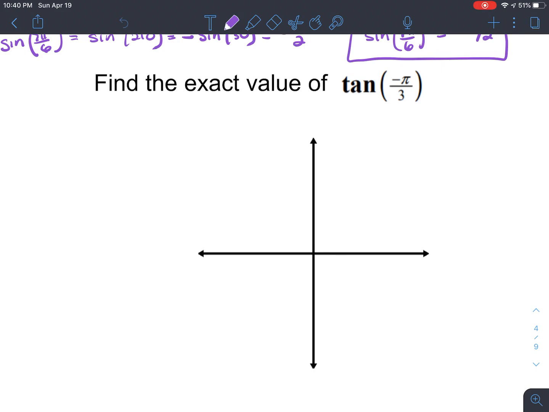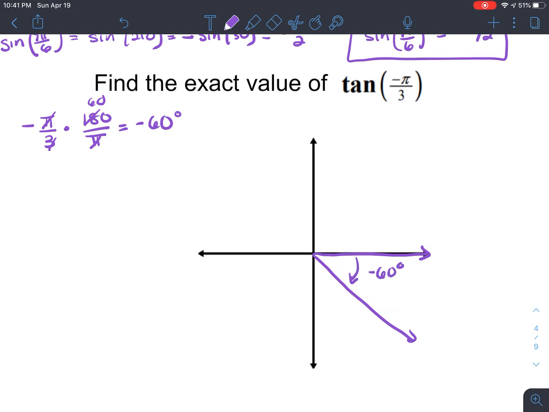Well, tangent, we know, can be found using opposite over adjacent, but first we have to find the reference triangle. So negative pi over 3, we convert, we cancel, and this is equal to negative 60 degrees. Drawing this angle, remember negative direction is swinging down, in that direction.